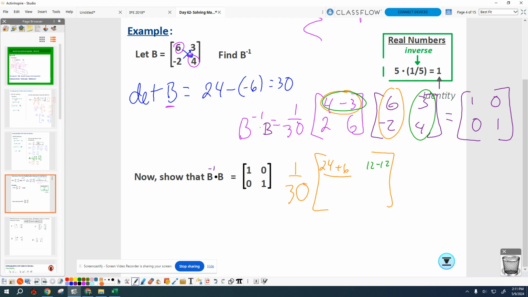Okay. Tommy, can you tell us this bottom left? 6 times 2 plus 6 times -2? 0. Okay.